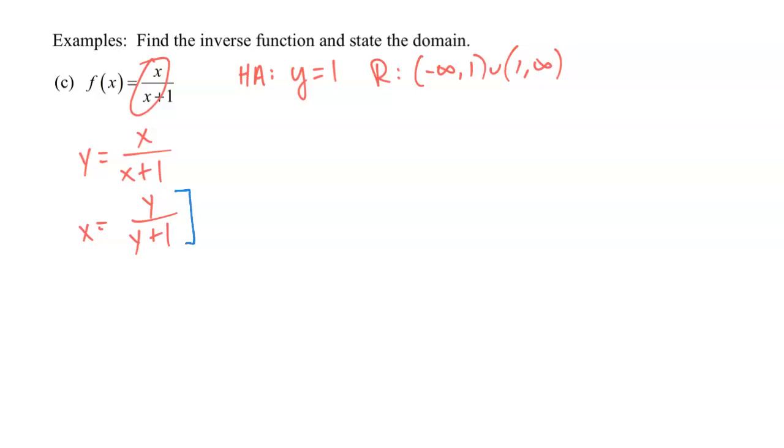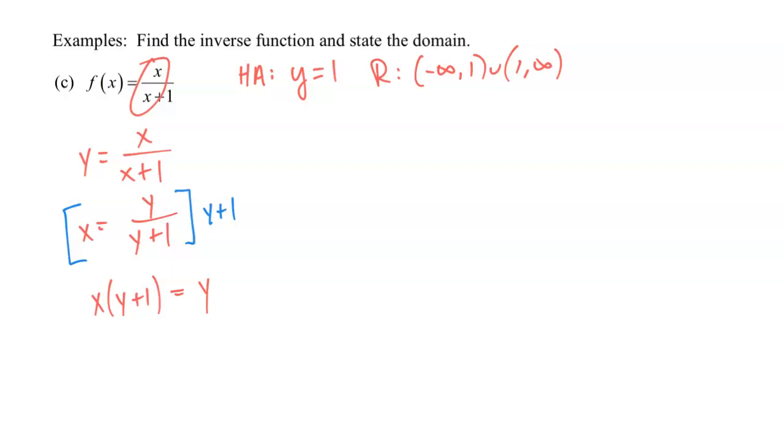And so I'm going to multiply this entire equation by the denominator, which is y plus 1. And so this is going to end up becoming x times y plus 1, which just to keep things slow here, I'm just going to write that out, x times y plus 1. And on the right-hand side, the denominator is going to cancel, and so I'm just going to get y.